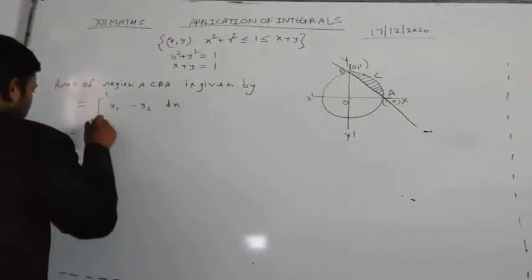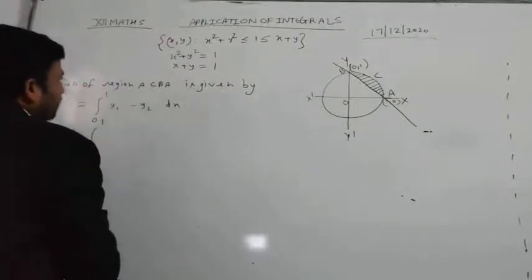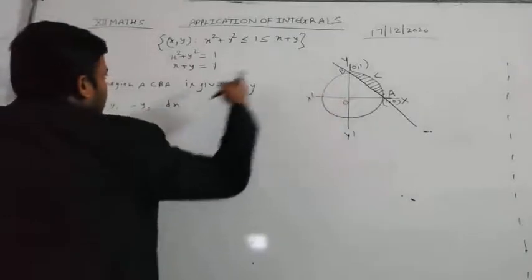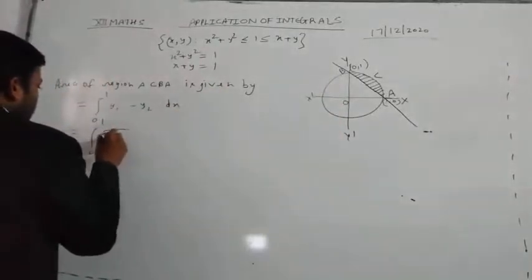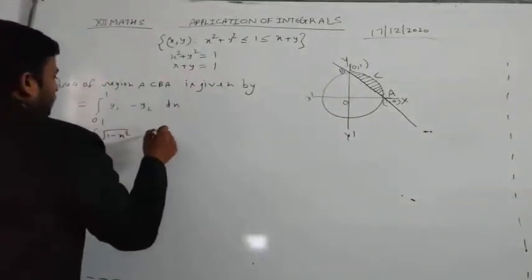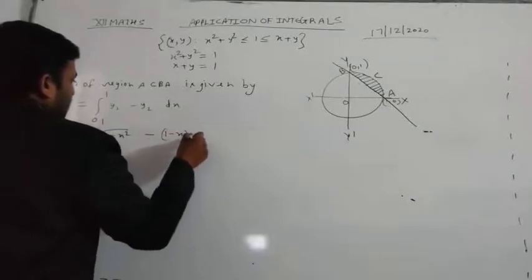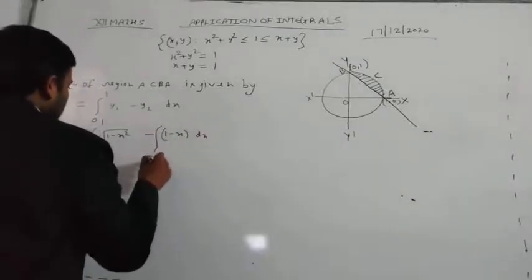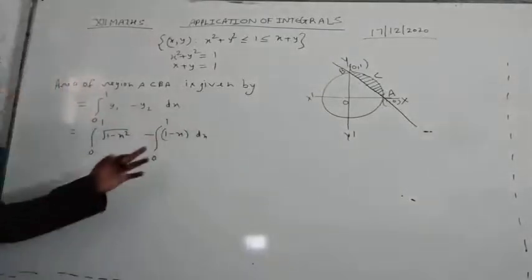Here y1 is our first curve, the circle, which is √(1 − x²), and y2 is 1 − x, dx. So when we separate the limits, we will get this.